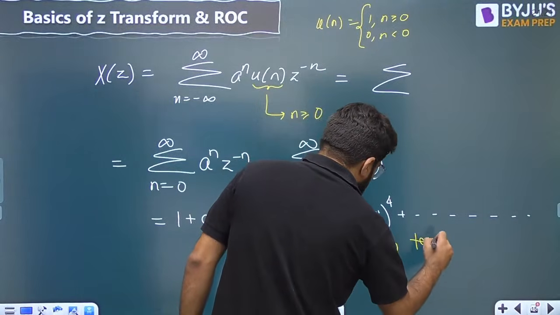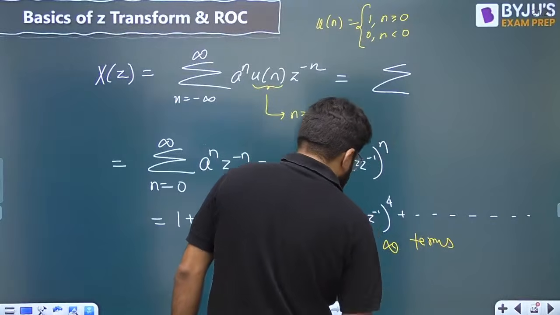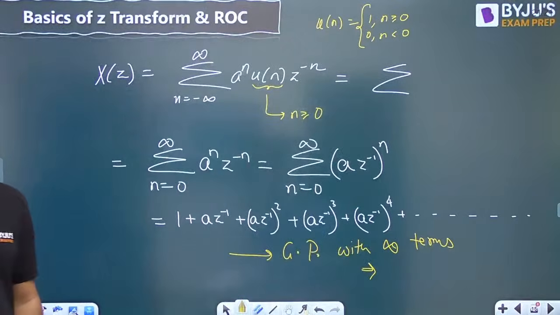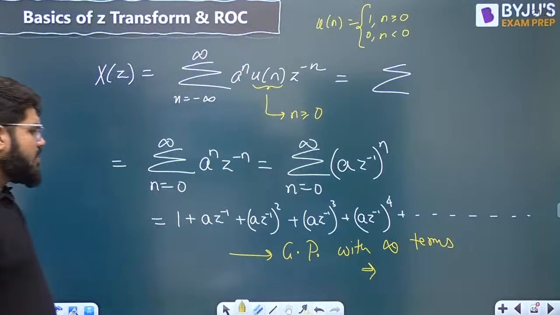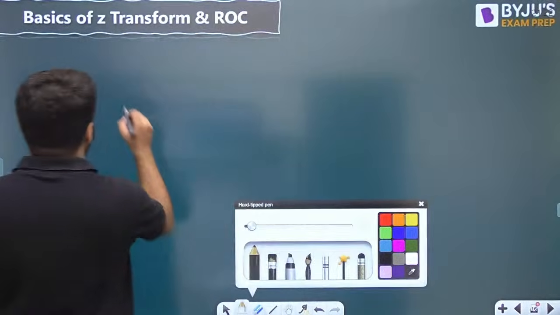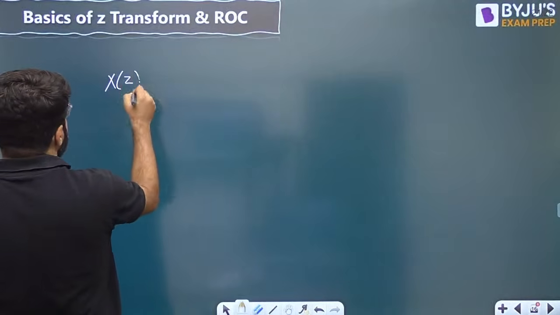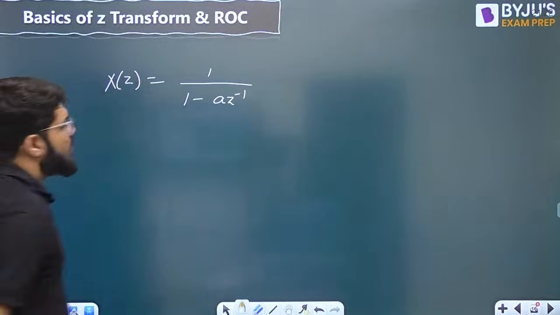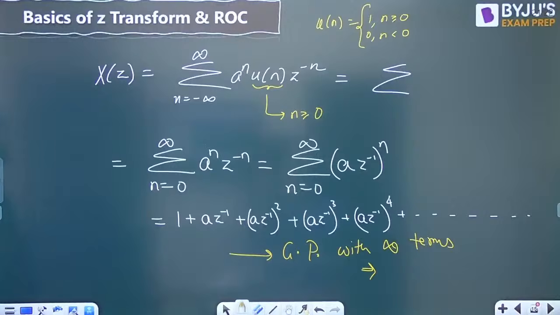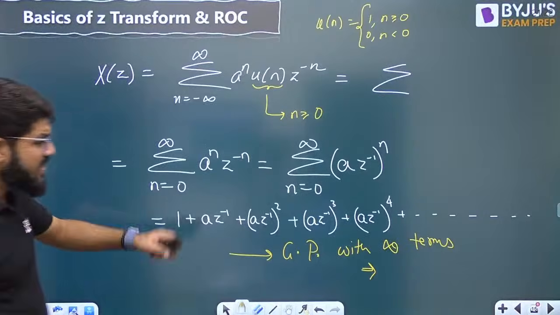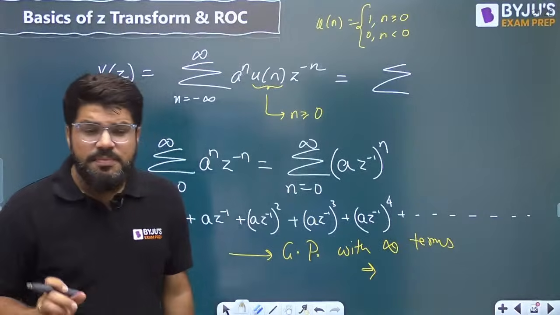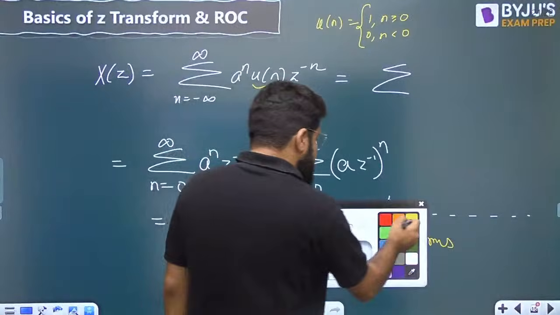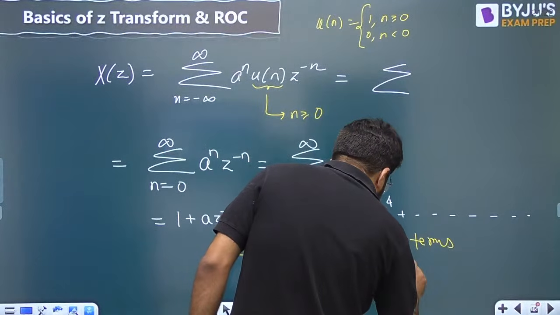It is a upon 1 minus r, where a means the first term, which is 1. So the answer X(z) is the first term divided by 1 minus the common ratio, that is 1 divided by 1 minus a z inverse. But a GP with an infinite number of terms will only be convergent under a condition.